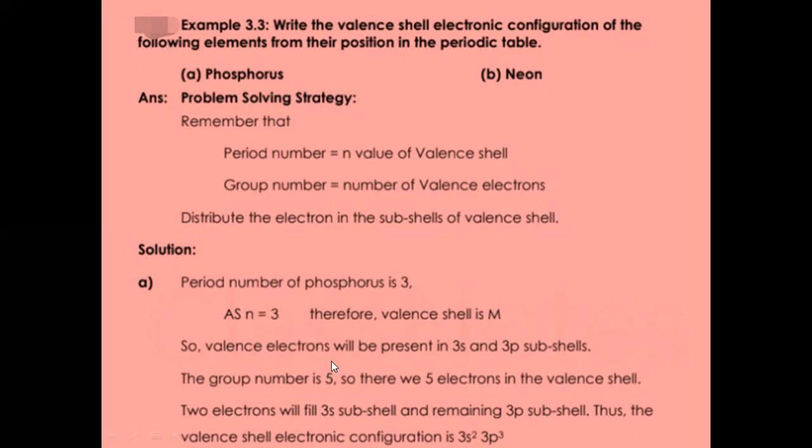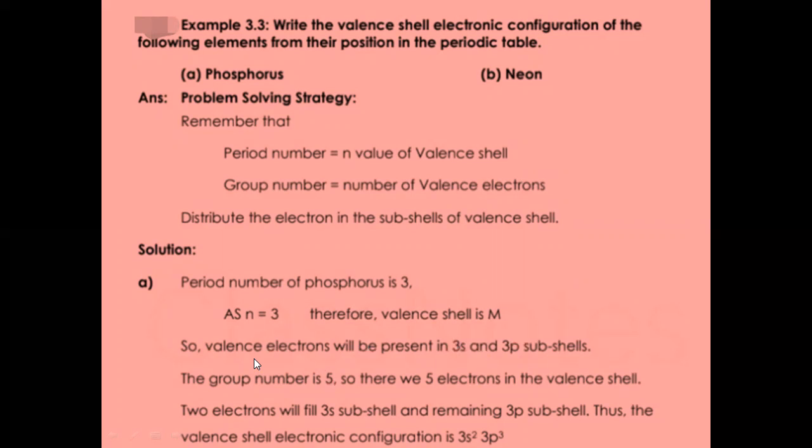The third shell means it has 3s and 3p subshells, and 3s has 2 electrons, and p will have 3 electrons. So 3 plus 2 gives us 5. So the group number of phosphorus will be 5. Valence electrons will be present in the 3s and 3p subshells.